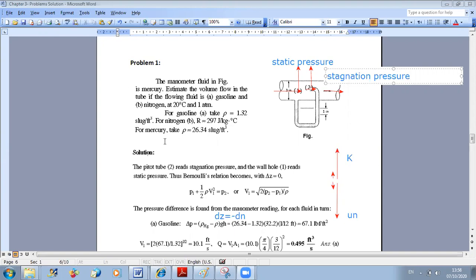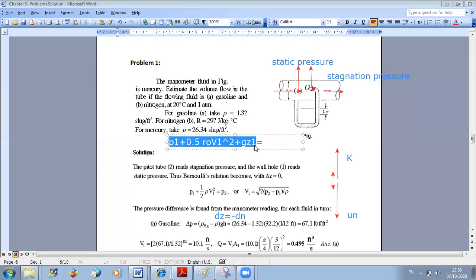P1 plus half rho V1 square plus gZ1 equals P2 plus half rho V2 square plus gZ2.